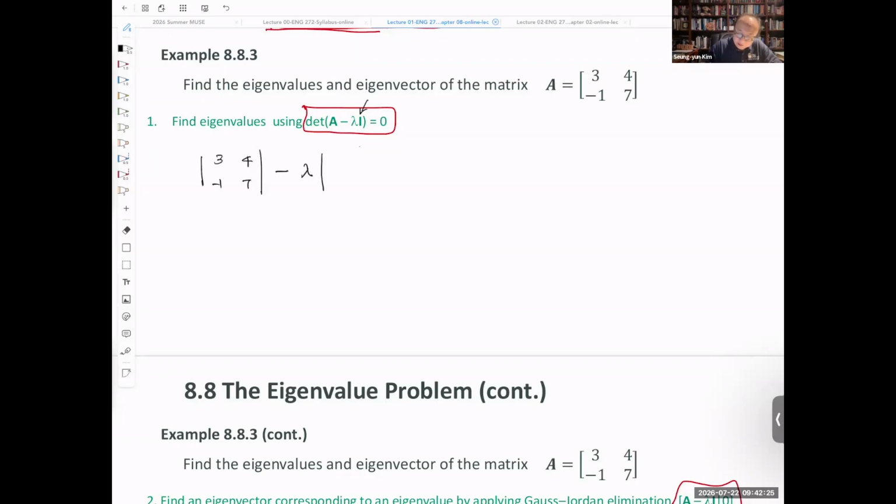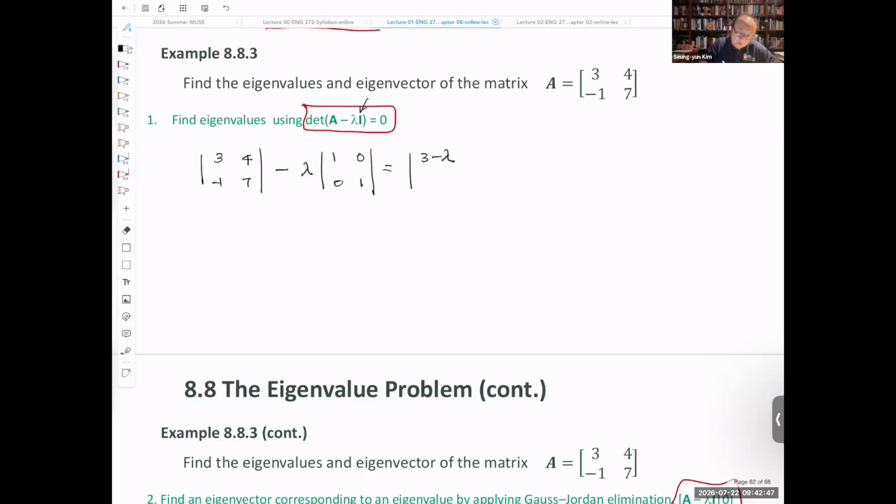Since A is 2 by 2, our identity matrix should be 2 by 2: 1, 0, 0, 1. And that equals the determinant of 3 minus lambda, because if you multiply lambda by this identity matrix, we get lambda on the diagonal, right? Because 1 times lambda is lambda.